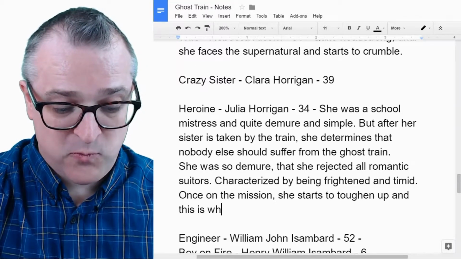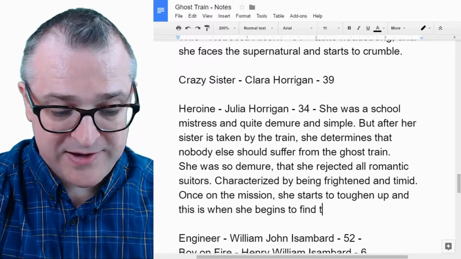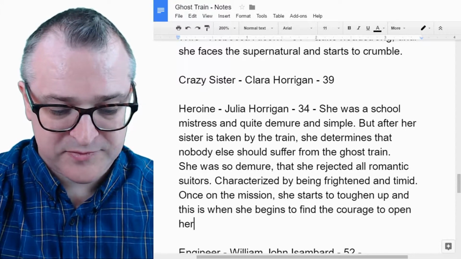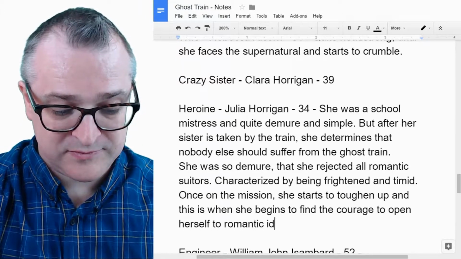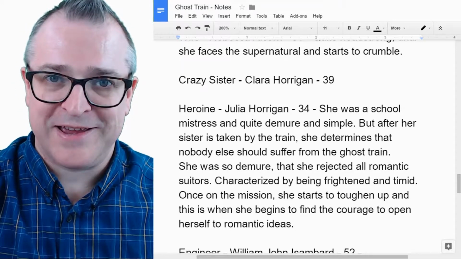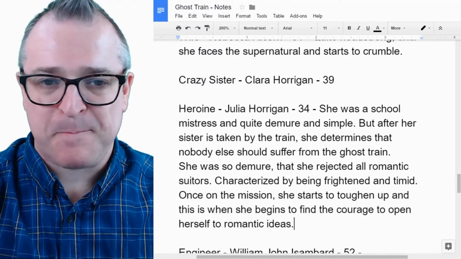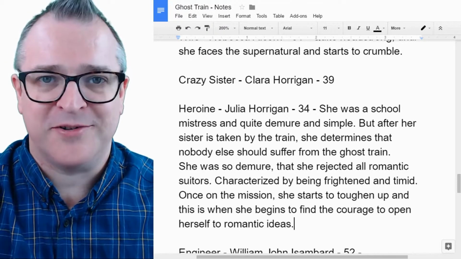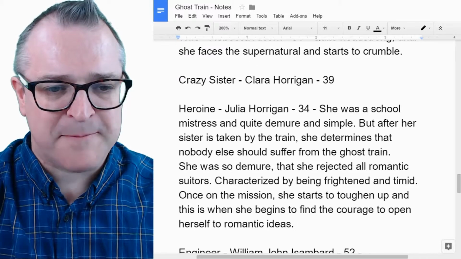This is when she begins to find the courage to open herself to romantic ideas. Might be easy. This man's already married, so it's okay. You know, he's looking for his wife. I'm trying to prevent it. We're there together. It's not as if we're having a relationship, but of course it's building that way. And then you could see how that changes over time.